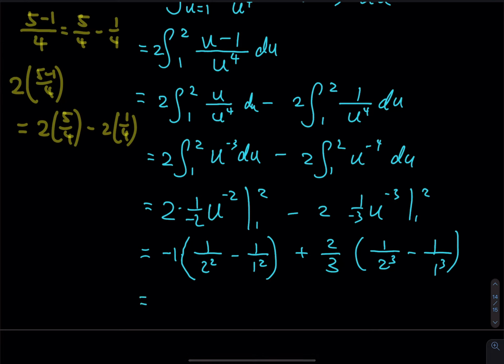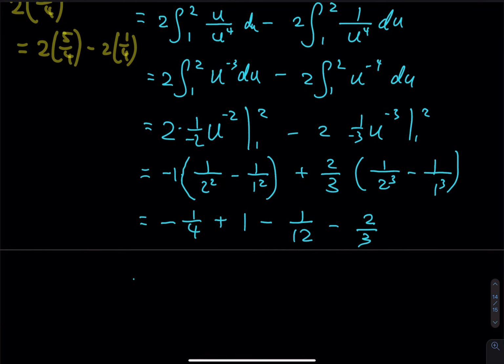Okay, let's see. Then negative 1 over 4 plus 1 minus 2/3 times that. So this will be 8, and then that will be divided by 2 is 4. So this is a 12. And then minus 2/3. So if you get all the math done, let's take a look at what that equals. We get a common denominator, 12. So this is a negative 3, right?